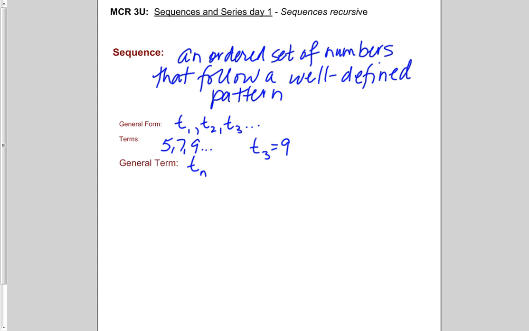So the general term is used to generate one, several, or all of the terms of any sequence.